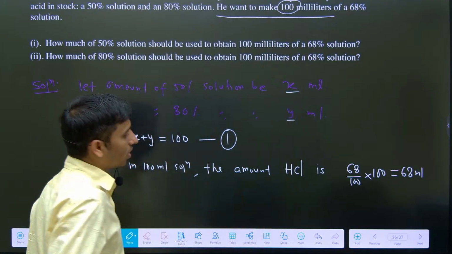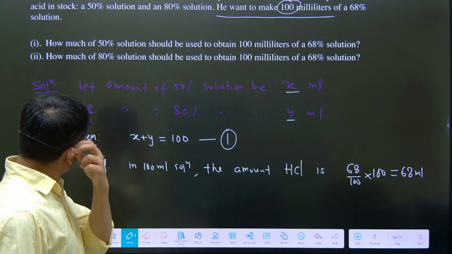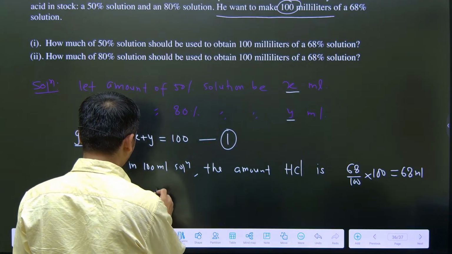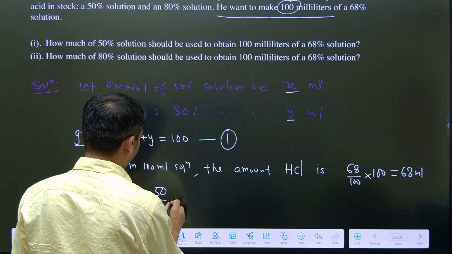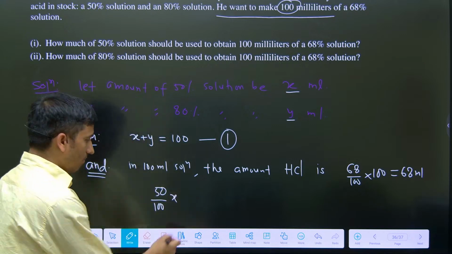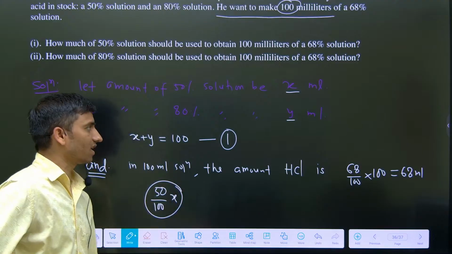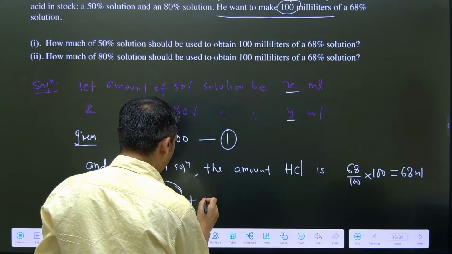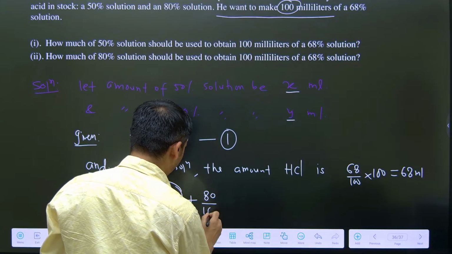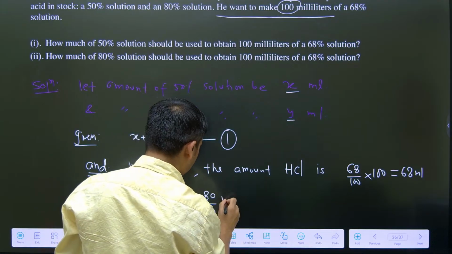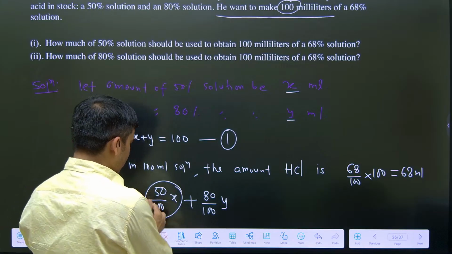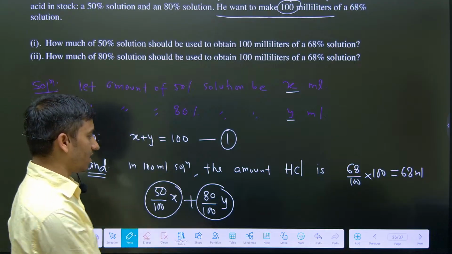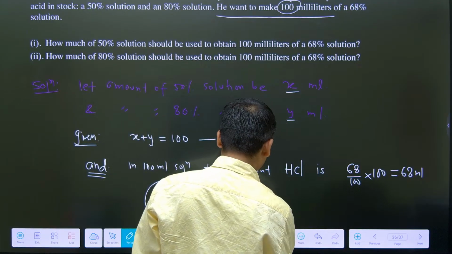So can you tell me what will be the volume of hydrochloric acid in the 50% solution? Can I say it has to be 50 upon 100 into X. This is the amount of hydrochloric acid which you will get from the 50% solution, plus from the 80% solution it has to be 80 upon 100 into the volume of the solution Y. And this is the total amount of hydrochloric acid in the solution which you are having, and that is equal to 68.